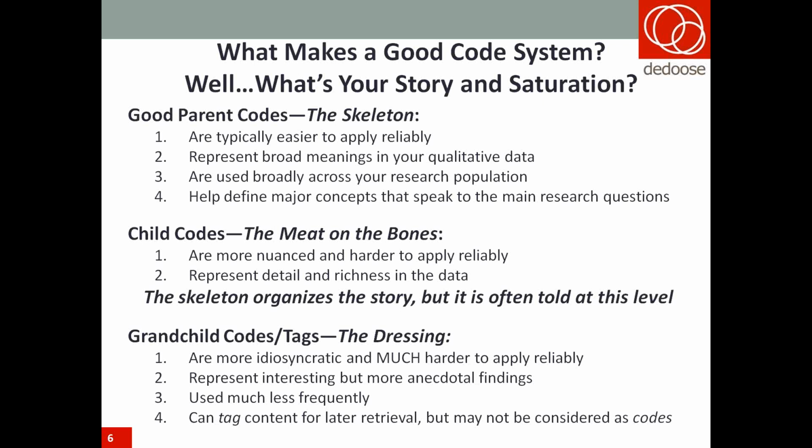And as we develop the idea for our story, we want to make sure that as we go into our data, we reach some level of saturation that we're comfortable with. So we want to get to a point where our code system is capturing everything that's important to us, everything that is available in our data, and to a level at which we're going to be able to tell our story with a certain level of confidence.